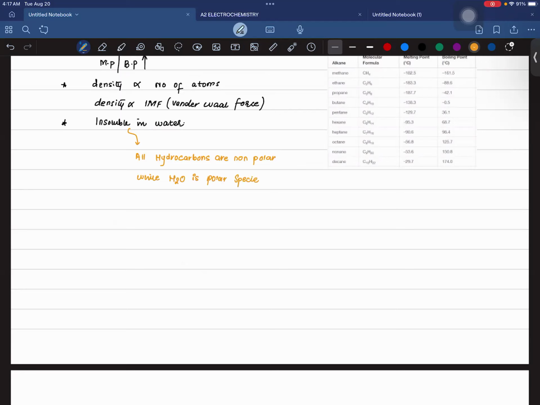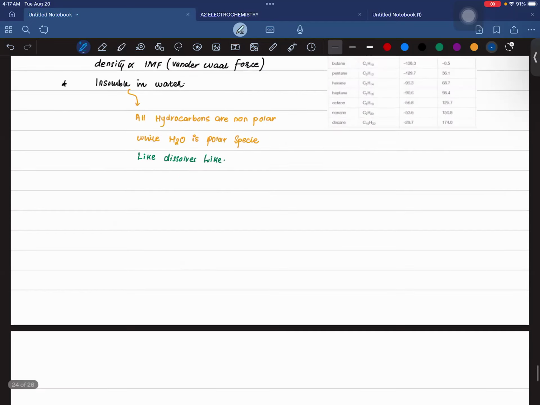So remember, like dissolves like. So if you are going to dissolve these hydrocarbons in a non-polar solvent, they will dissolve basically.